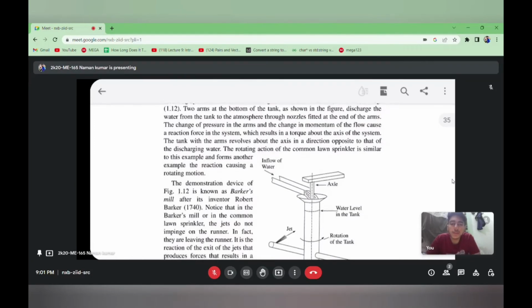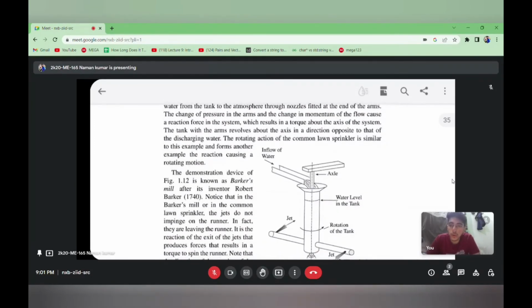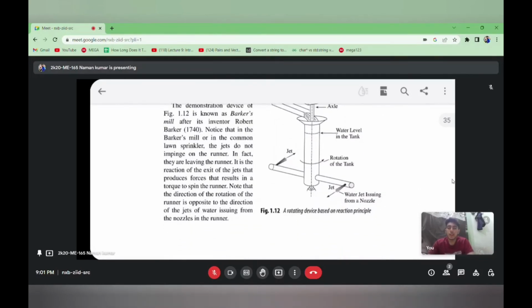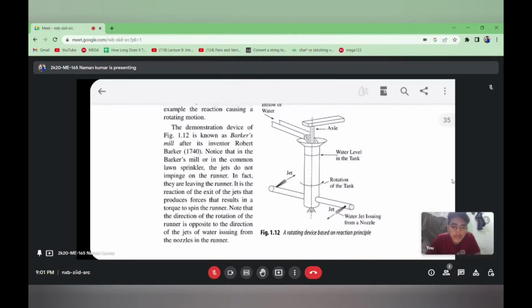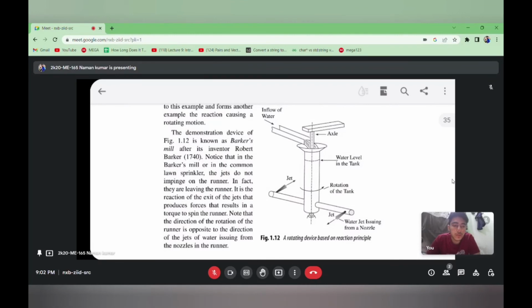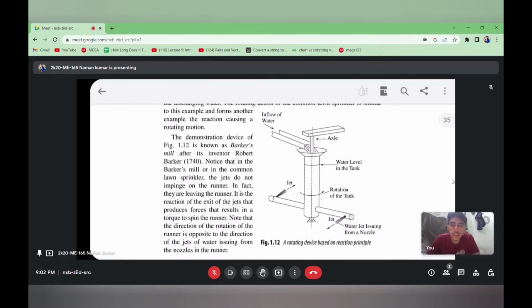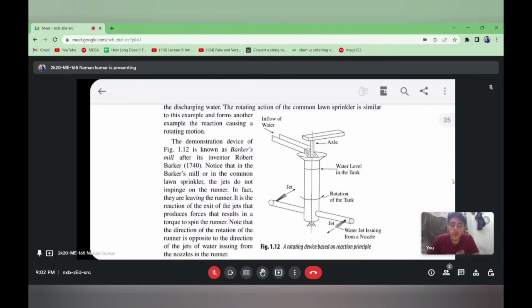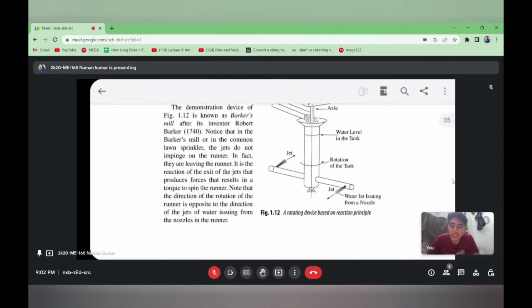The change of pressure in the arms and the change in momentum of the flow cause a reaction force in the system. So here is the system, a rotating device based on the reaction principle. This is the diagram, and this is the axle, inflow of water, water level in the tank, rotation of the tank.